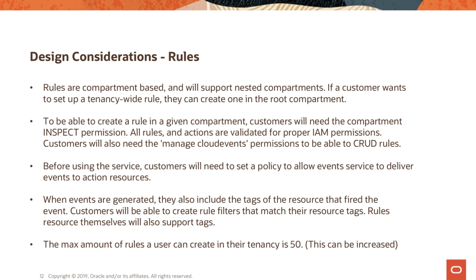And when the backup ends, you write a rule that filters on that event and then send another notification. So you would write this rule within the IT compartment. You can write it in the root compartment as well, but in this case, you can also write it in the IT compartment where the resource actually lies.